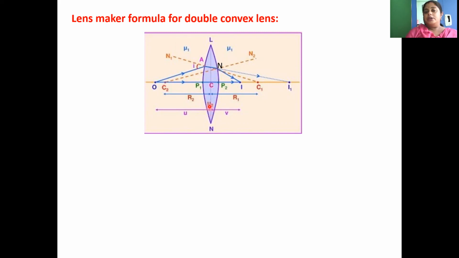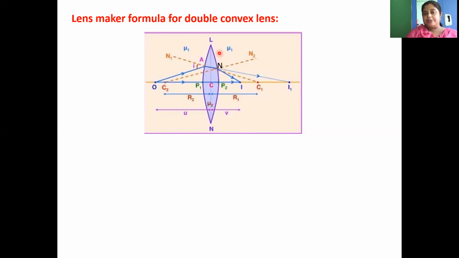You can see that the double convex lens has two convex surfaces. One is LP1N and the other is LP2N. For the first surface, LP1N, P1 is the pole, C1 is the center of curvature, and R1 is the radius of curvature.